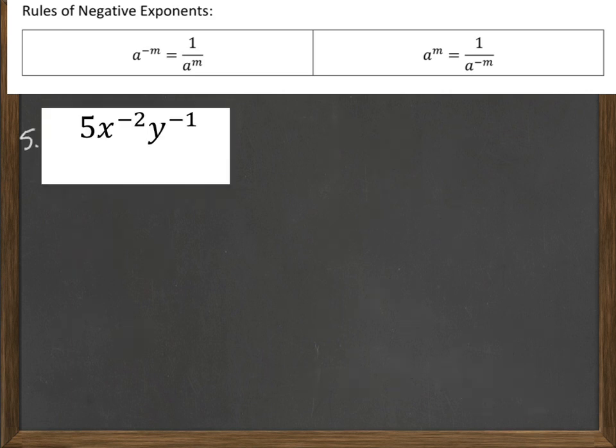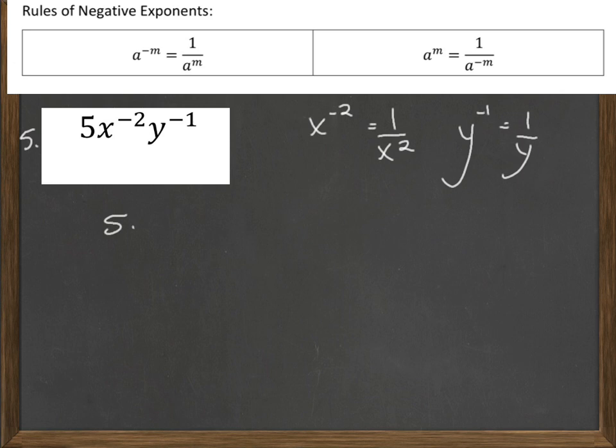All right, now we have 5x to the negative 2nd power, y to the negative 1st power. Again, use your imagination, pretend you can see it somewhere, because it's always going to say this: you have to write your answer using only positive exponents. So let's take x to the negative 2nd power. Remember that can be rewritten as 1 over x squared. And then y to the negative 1st power is 1 over y.